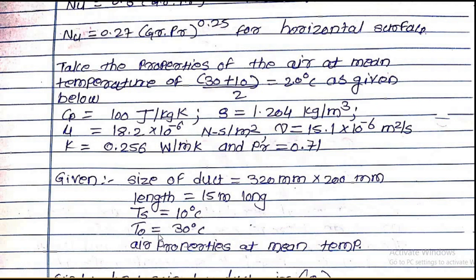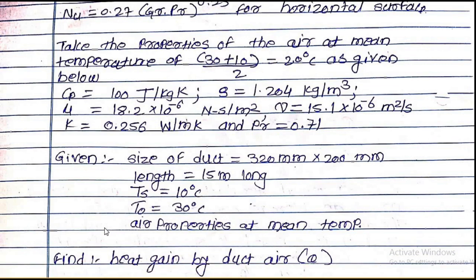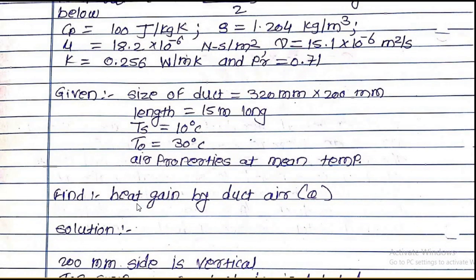The fluid temperature surrounding the duct, that is the air temperature, is 30 degrees Celsius. We have to find the heat gain by the duct air, that is Q.